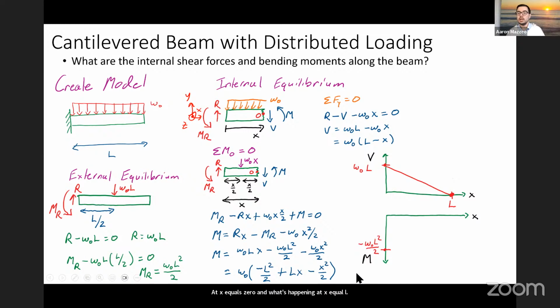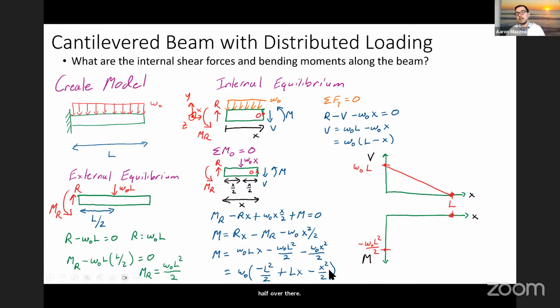So if I plug in x equals 0, this goes to 0, this goes to 0, and I'm just left with negative W naught L squared over 2. That's what we see there. And if we plug in x equals L, we will be left with 0. This is going to be L squared minus L squared, with a half of one there and another half over there.